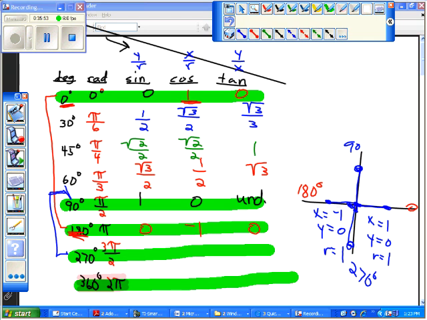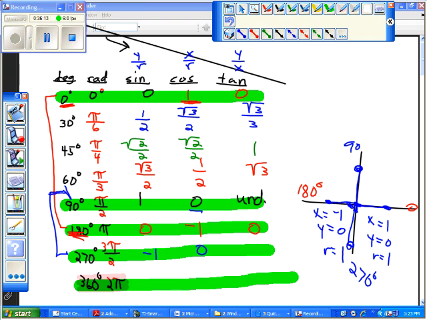So, what is the sine of 90? 1. So what would the sine of 270 be? Negative 1. The cosine of 90 is 0, and the negative of that is still 0.